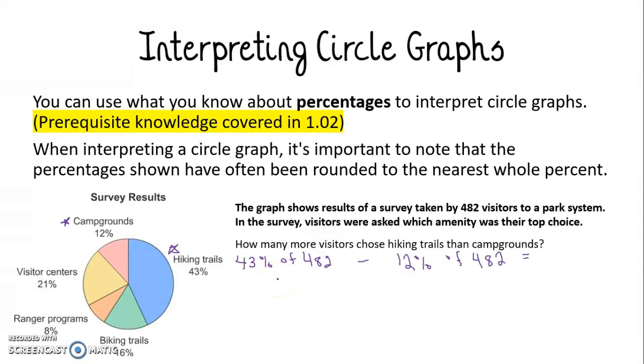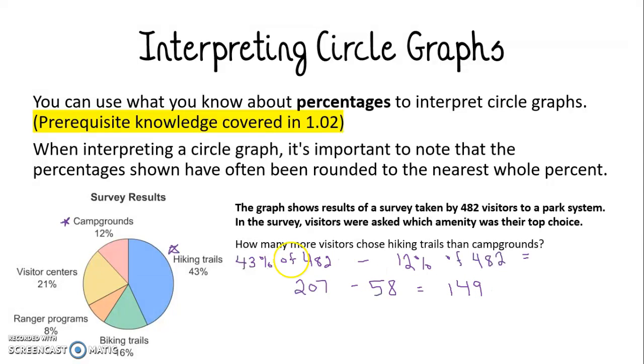So 43% of 482 would be 0.43 times 482, which would give us about 207. 0.12 times 482 gives us about 58. And 207 minus 58 gives us about 149.